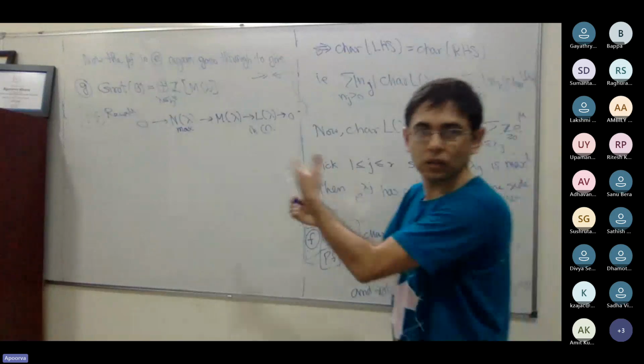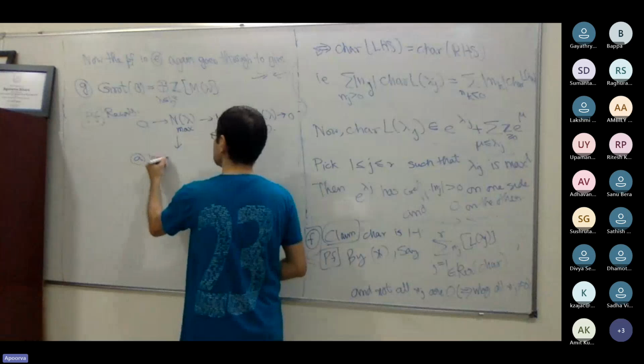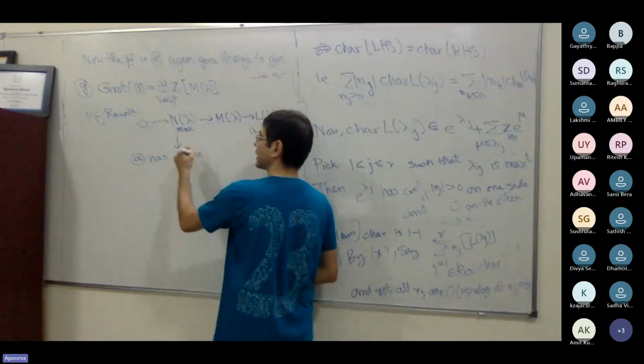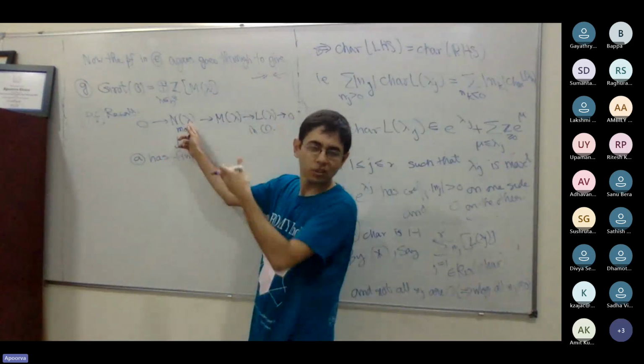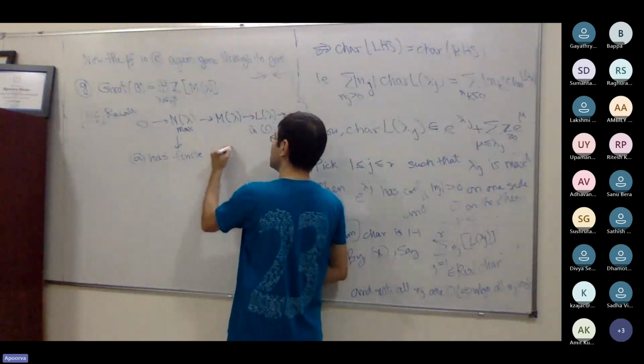Which means if I write this down, what do I know about this? First of all, it has a finite Jordan-Hölder series, because every object in category O, this is a sub-object, and category O is closed under taking sub-objects. It has a finite Jordan-Hölder series.